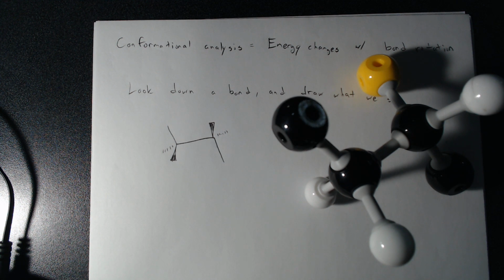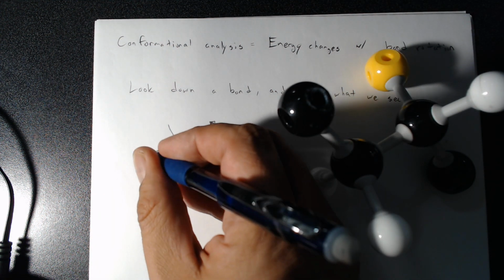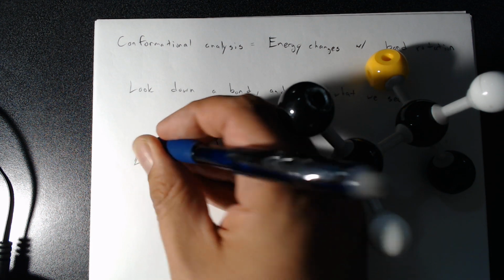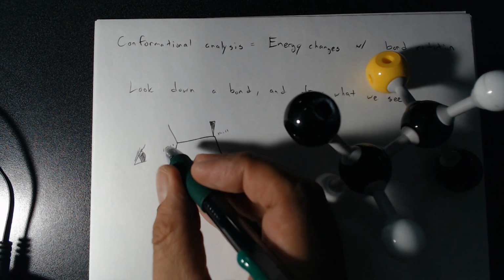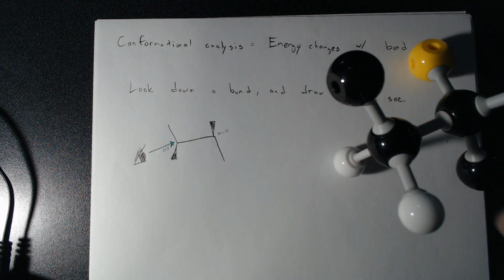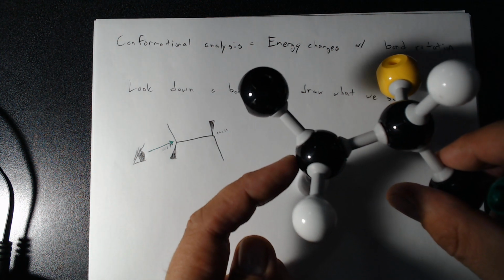And we are going to be looking at it from the perspective where we're looking straight down this bond. So see how good you guys are drawing a little eyeball. You don't have to draw little eyes here, but I'm just showing it. This is the perspective, with the little eyelashes in there so you know it's an eye. All right, so looking at it from this perspective right here.